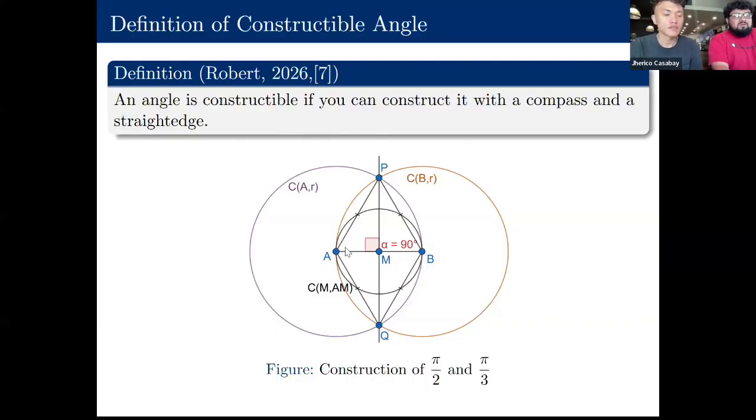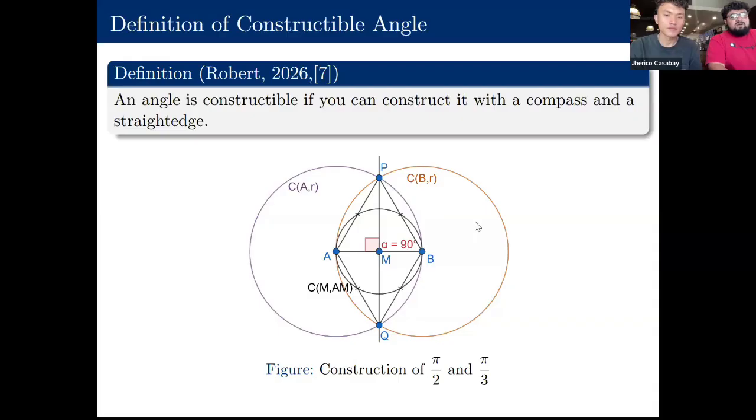Yeah, so with this construction, we also get an equilateral triangle, which is triangle APB. Yes, and we know this is equilateral because the distance AP is the radius of the purple circle, and the length AB is also the radius of the purple circle.